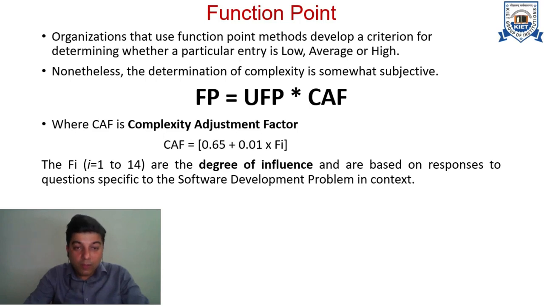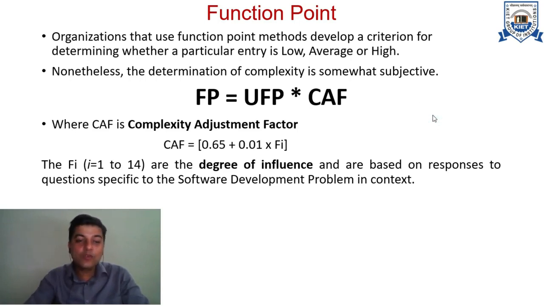So complexity adjustment factor is given by the formula 0.65 plus 0.01 into Fi. Now this Fi is called the degree of influence and is based on the responses to specific questions about the software development problem in context. These 14 factors identify the value of Fi. So what are these 14 factors?